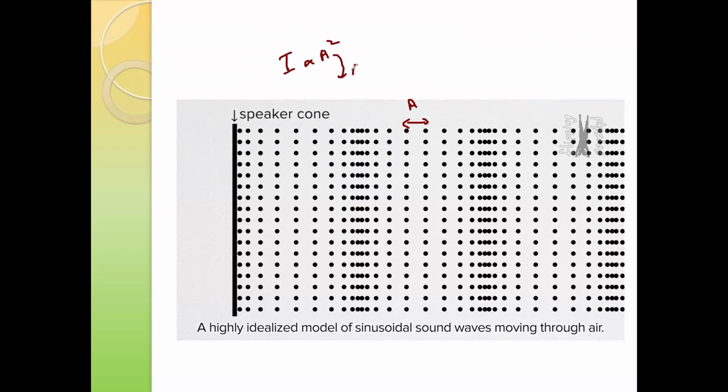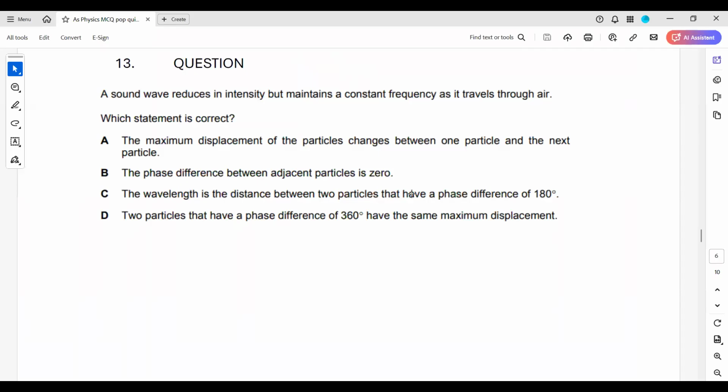So if the amplitude is doubled, the intensity will increase by 4. In the question, they mentioned we have reduced the intensity, so we have reduced the amplitude. And when we reduce the amplitude, the maximum displacement between the particles will also change.